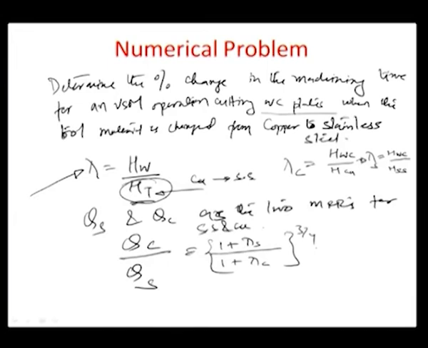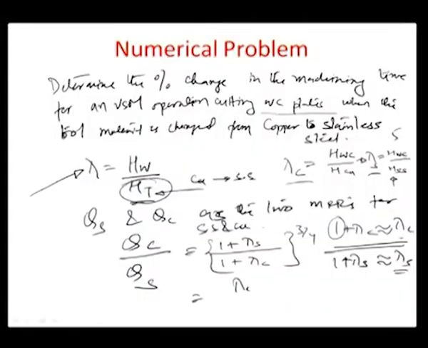Therefore, considering these two aspects, lambda C and lambda S, in both cases, both are much higher in value than 1. So, we can safely assume this 1 to be negligible here. So, 1 plus lambda C or 1 plus lambda S can be approximated by the lambda C and lambda S values. You already observed before that for a steel tool, lambda S was about 5, which is bigger in comparison to 1.